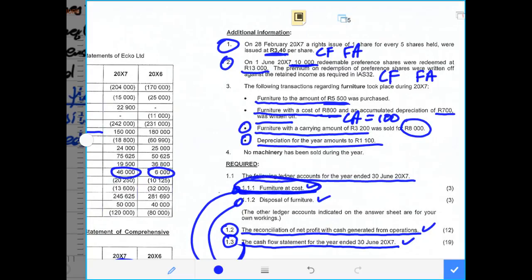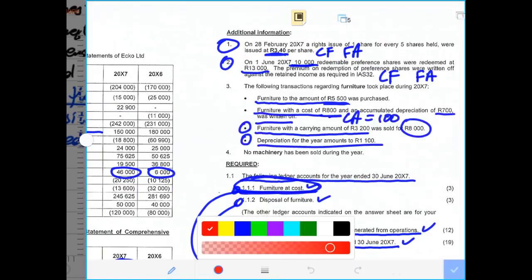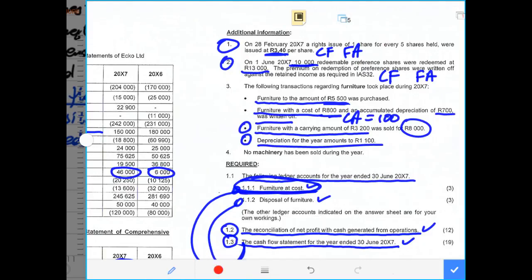And don't forget, in the third bullet point, we still need to know how much is the cost of the furniture that was sold. We know that furniture with the carrying amount of 3,200 was sold for 8,000.